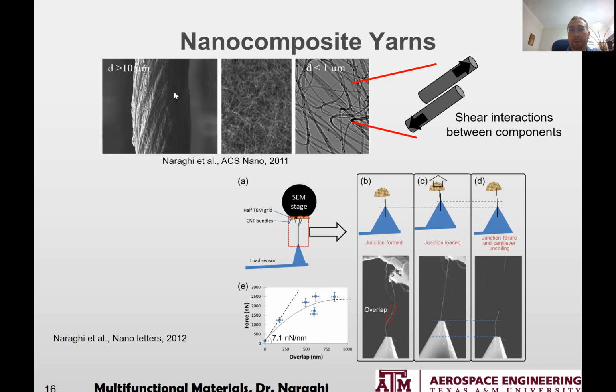So the first thing is, if you look at this going from here to here, at the largest scale, they appear like a yarn, any yarn. When you go to smaller and smaller scales, you end up seeing individual carbon nanotubes.